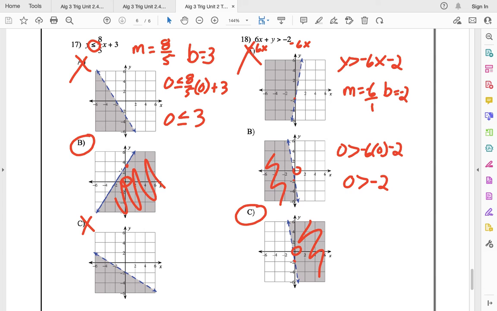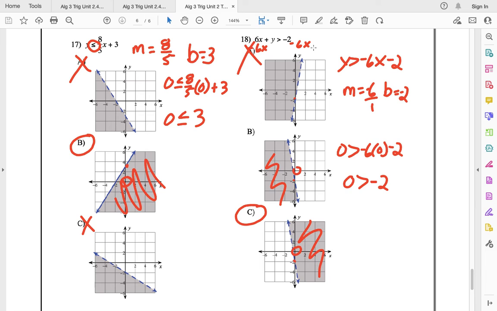Now you can either check a point. I personally love to pick 0, 0, so that's what I plugged in, and it happened to be true. 0 is less than or equal to 3, so wherever that point is, I will shade. If it was not, if it was false, then I would shade the opposite area. Also, the trick we learned is if you keep your y on the left and your equation on the right, if it's less than or equal to, you shade below. If it's greater than or equal to, you shade above.